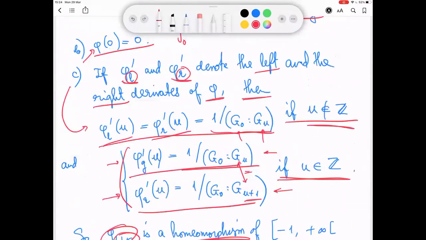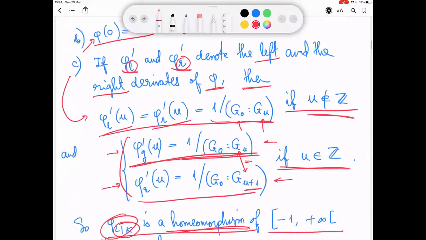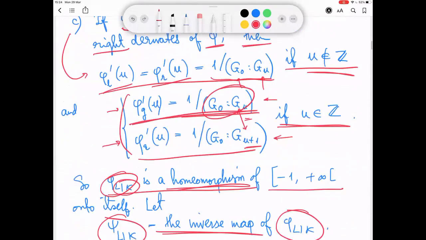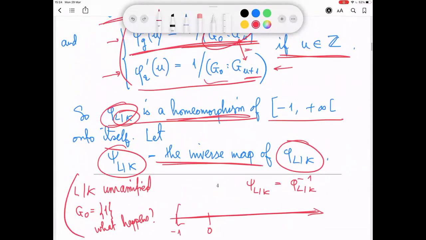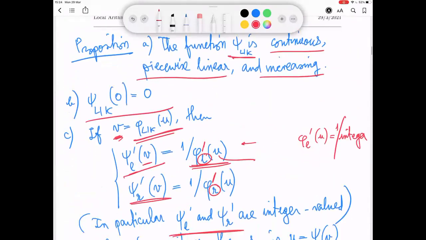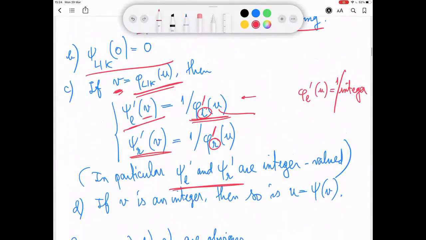Yes, here it is. It was 1 upon the index, which is an integer, so the left and the right derivatives are 1 upon some integer. So these CL prime and CR prime are integer valued.